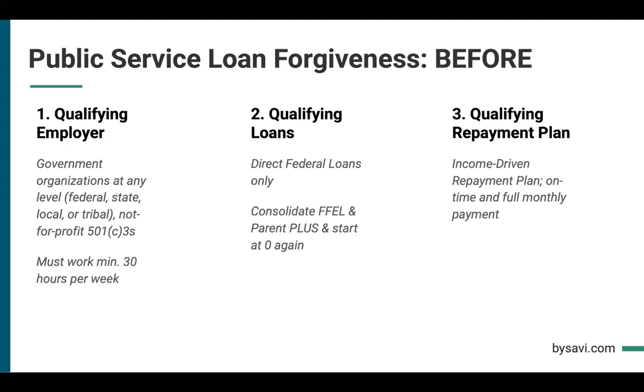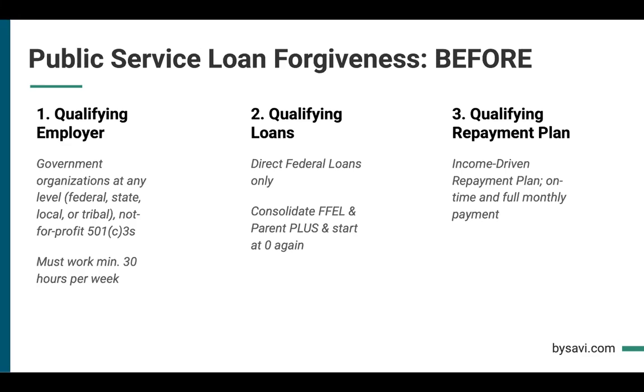Now, as far as loans that didn't qualify, if you had a loan prior to 2010, there's a very good chance that it could have been what's called a FFEL loan, which stands for Federal Family Education Loan, or FFELP, Federal Family Education Loan Program, same thing. These loans were the loan program in existence prior to 2010.